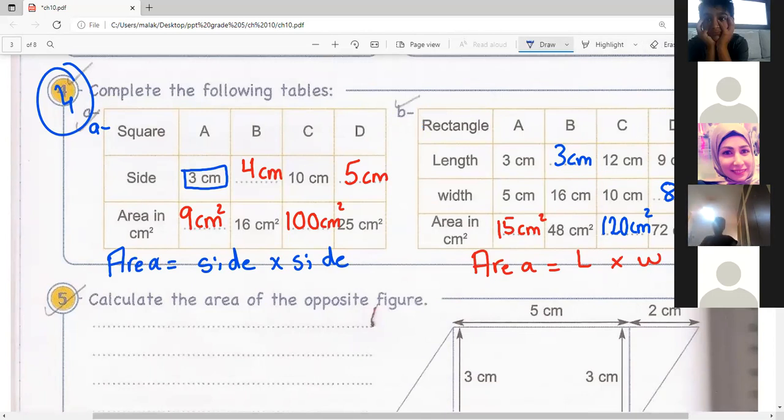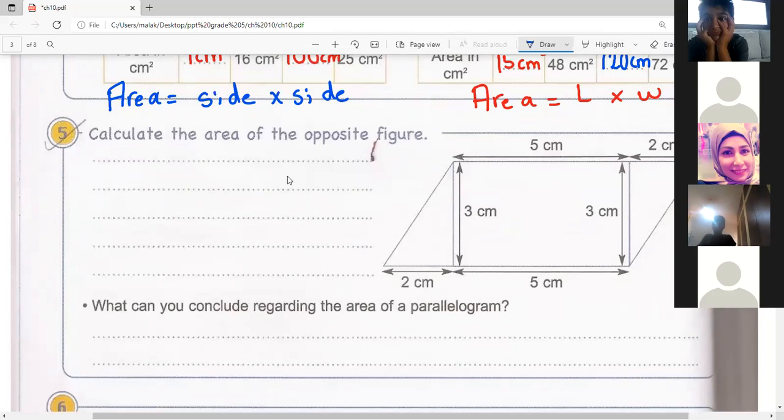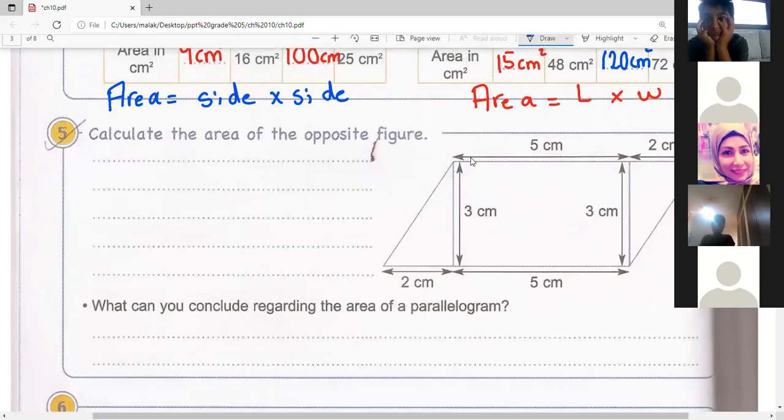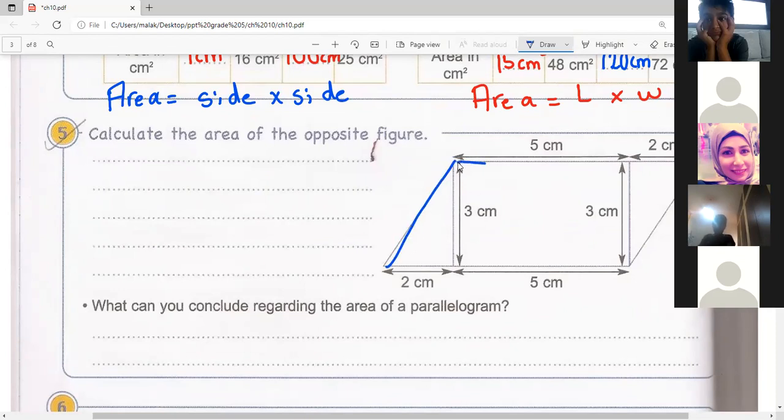Here in question 5 I gave you a figure. We took it in grade 4, it's a parallelogram. The opposite sides are parallel.